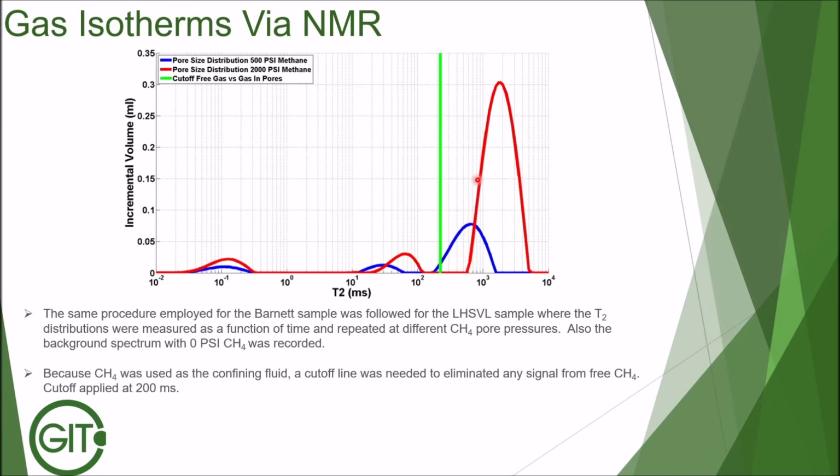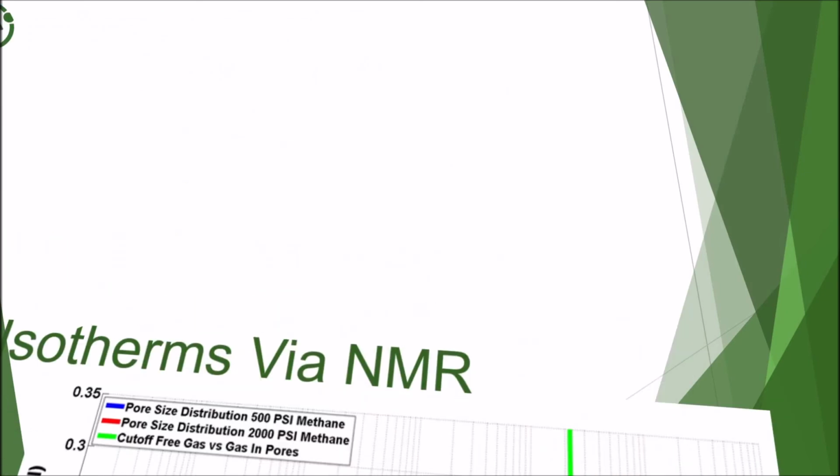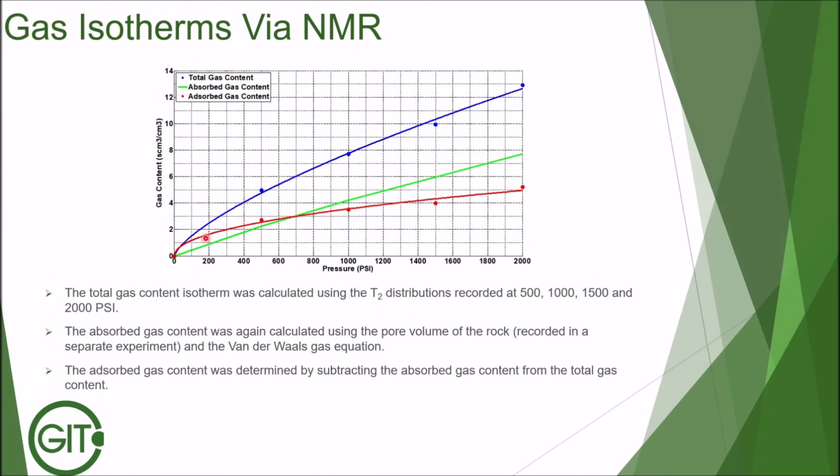So anything to the right of that cutoff line we eliminate, and we don't use it in our analysis, whereas anything to the left we do use in our gas isotherm analysis. Once we apply that cutoff, we take this information and do the same analysis as I just explained. When you do that, you get a total gas isotherm like the one shown here in blue.